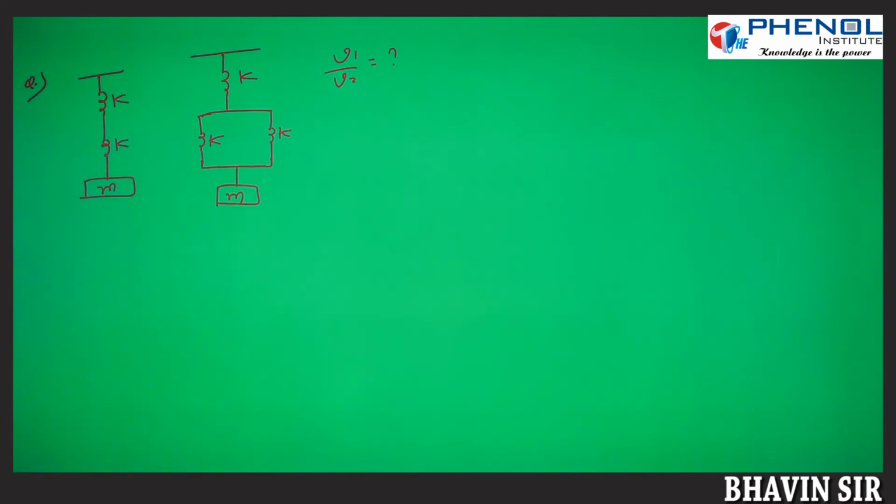We want to find nu1 by nu2 for both. So how to find, students?